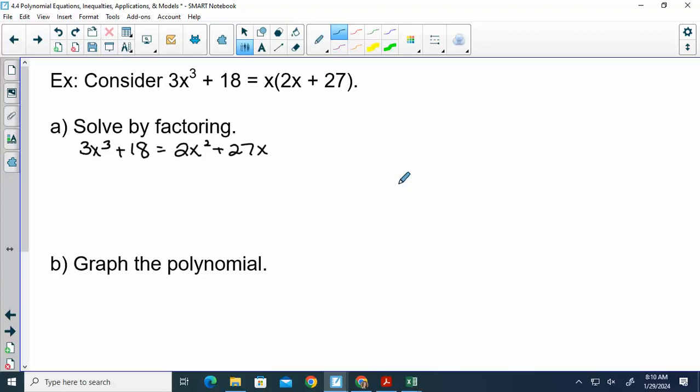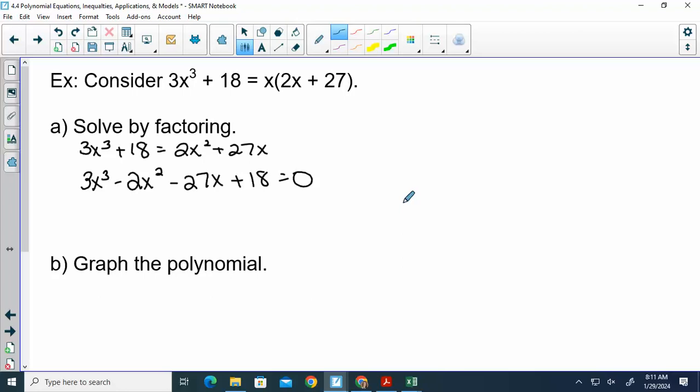So we'll bring everything over to the left-hand side. So we have our 3x cubed, a negative 2x squared, a negative 27x, so a positive 18. Okay, do we have a greatest common factor? No, nothing comes out of all of these. So what else can we do?